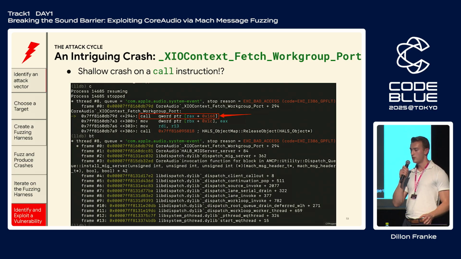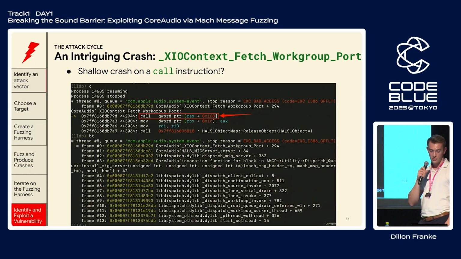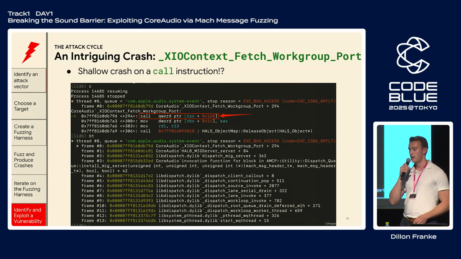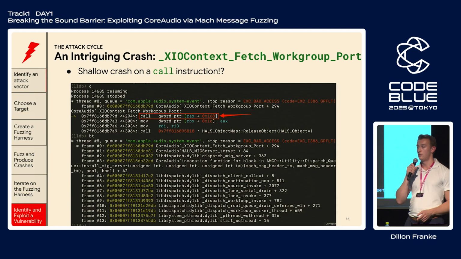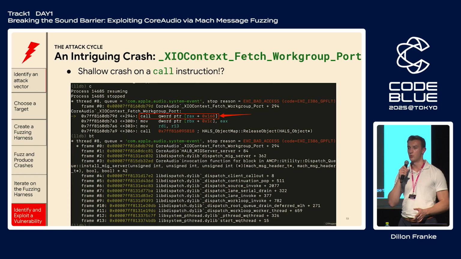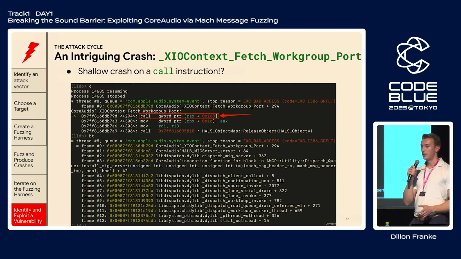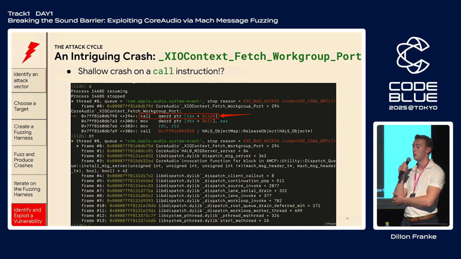Given that pretext, I triggered an interesting crash in this function, xio context fetch workgroup port. It was very interesting because it was pretty shallow. You might see here the call stack is not very deep from that initial MIG server, but it's actually occurring on a call function, which is very interesting from an exploitation perspective, because if we can affect the data that's being dereferenced there, we can potentially hijack control flow.